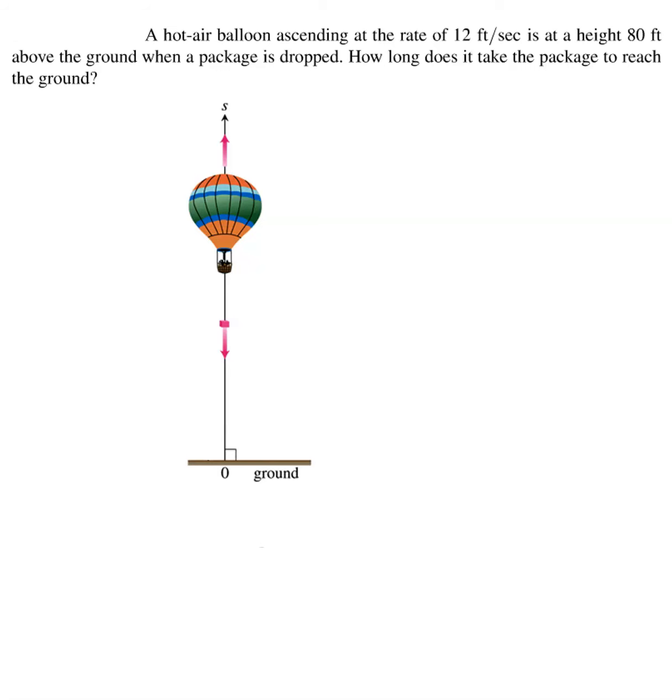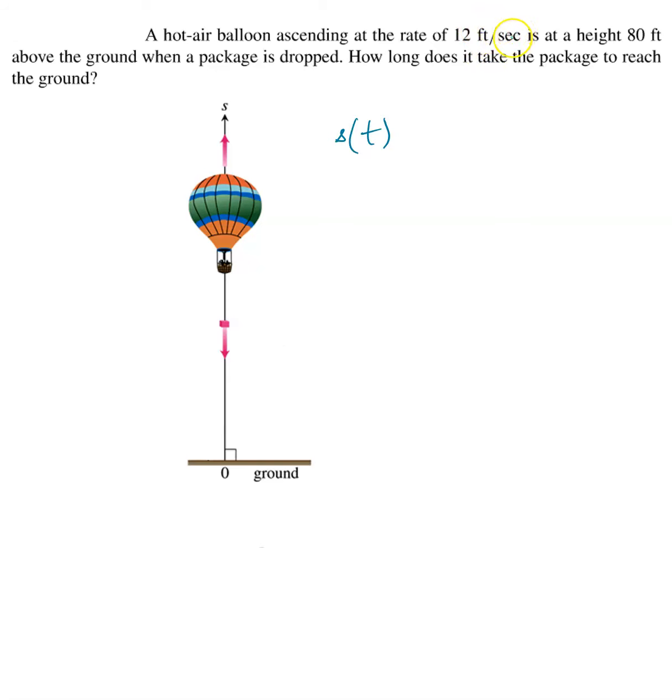Now we have a physics problem technically. So we can think of the position, the velocity and all that. What we see here is feet per second, which tells you that it is velocity, distance over time.